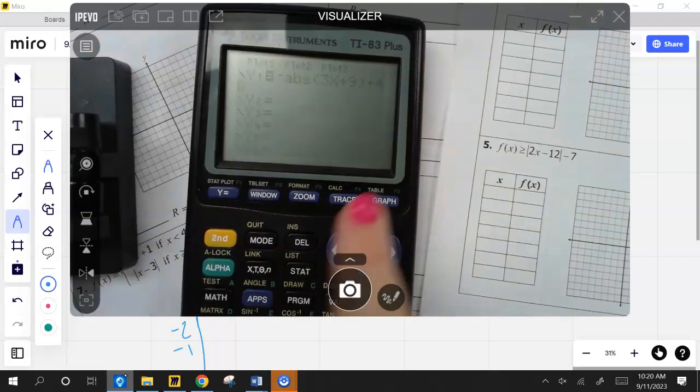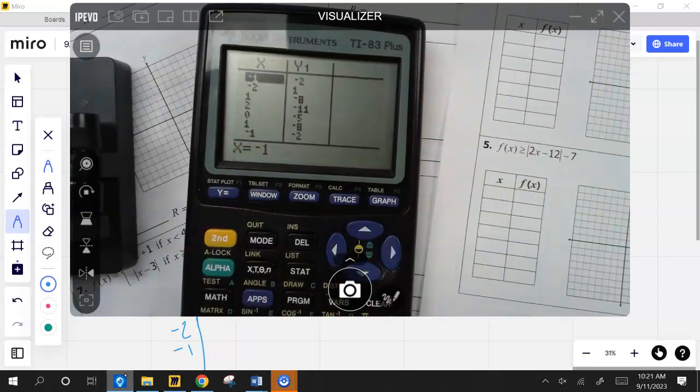Now, second graph. Uh-oh. Did you put negative or did you put minus in front of your absolute? I think she did. Cool.